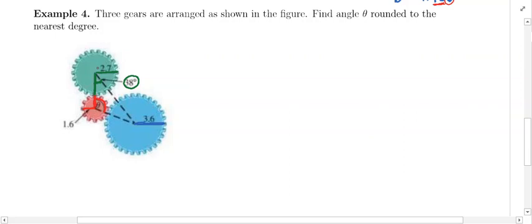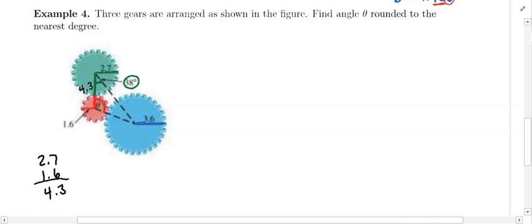If I add the green radius to the red radius, that will give me this side of the triangle. So 2.7, the green radius, plus the red radius, 1.6, gives 4.3. So this side length of the triangle is 4.3 units.